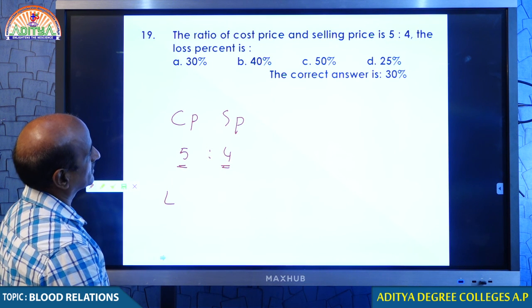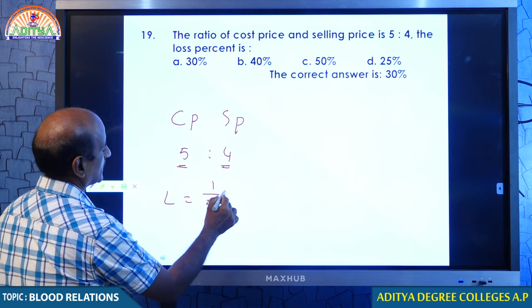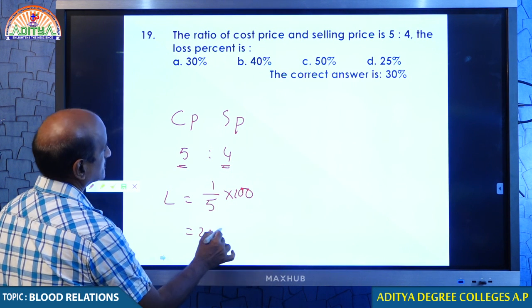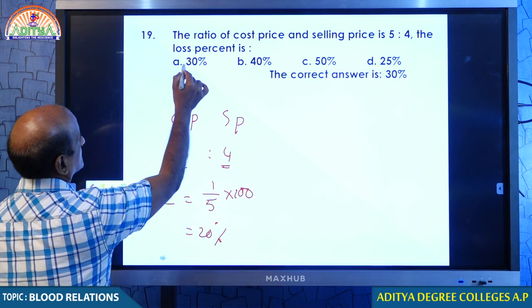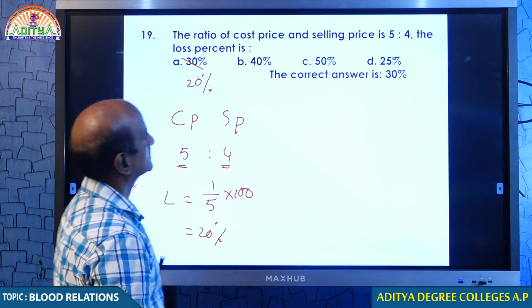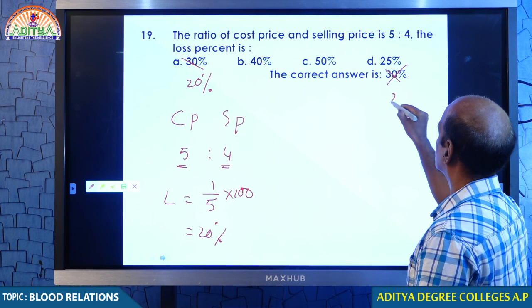Therefore, loss is given by 1. Loss percent is loss by CP into 100. Please make the correction, my dear students, it should be 20%. Loss percent is 20%.